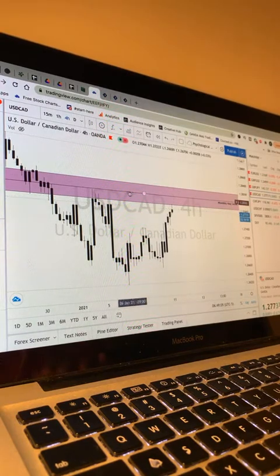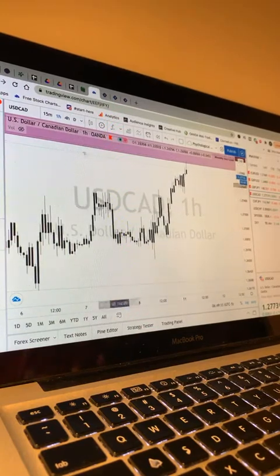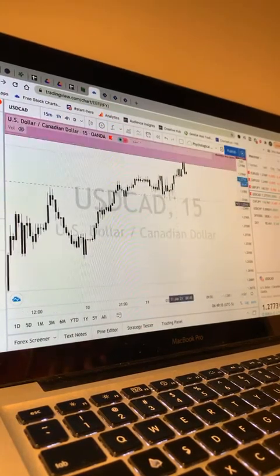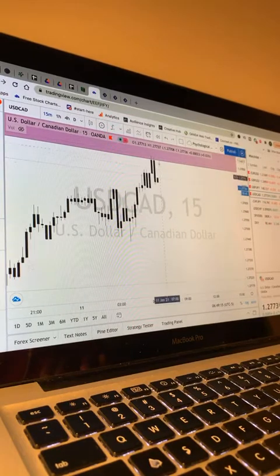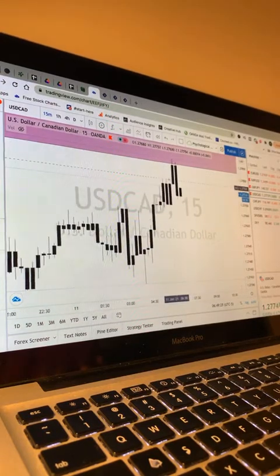Dang, I want to enter this right now. I'll wait. Patience, patience. It created this engulfing on the 15 minute. So there was a bearish engulfing created on the 15 minute for USD CAD.